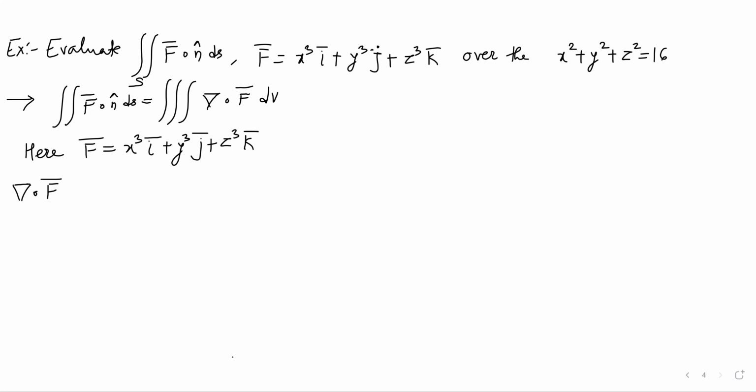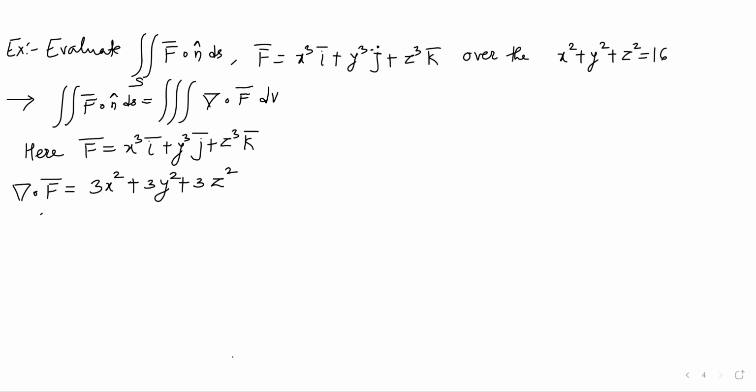Del dot F bar is nothing but 3x square plus 3y square plus 3z square. Correct? Don't put x square plus y square plus z square directly as 16. That's wrong. That's a function actually, correct?